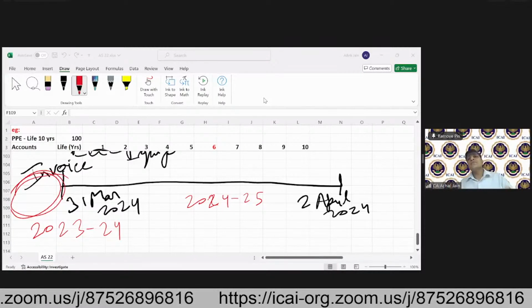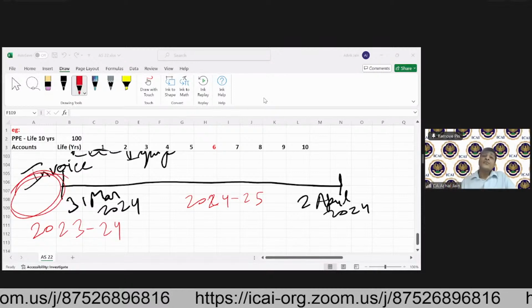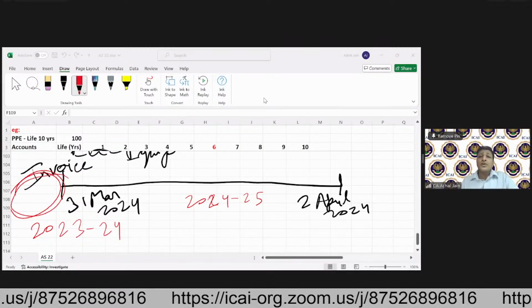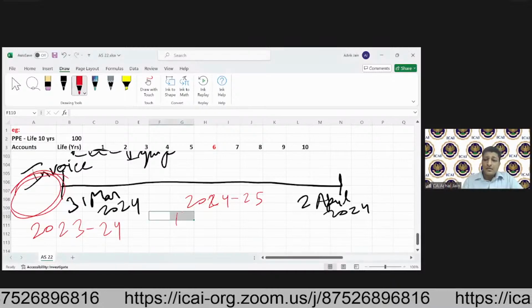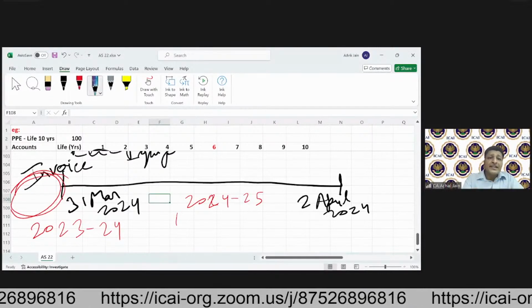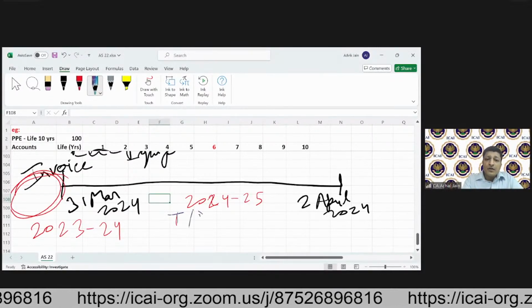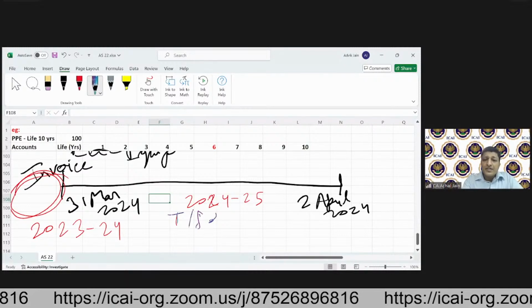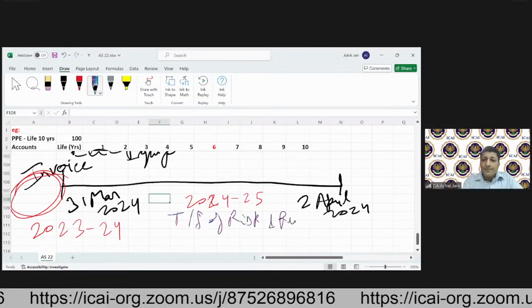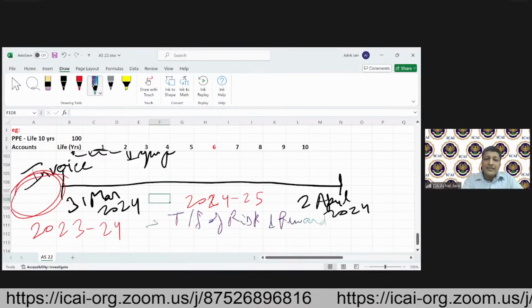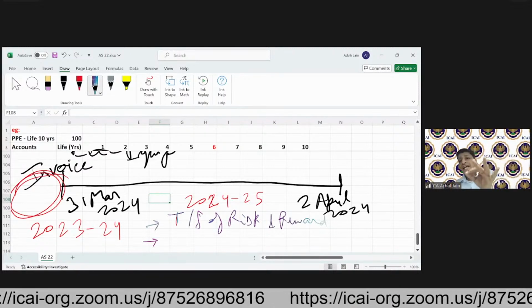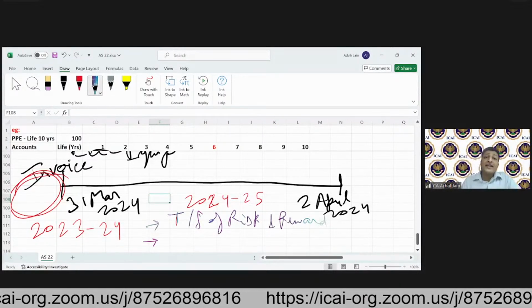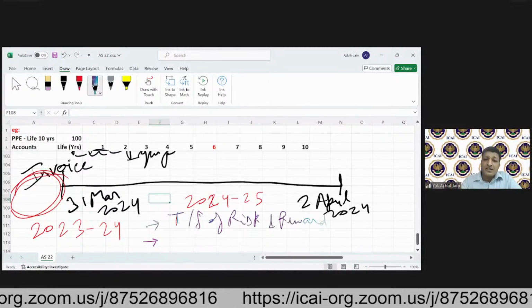No. So what did we discuss? We discussed a couple of criteria. The first and most important one is transfer of risk and reward. The other one was that there should be no uncertainty as regards the collection. So in which year should this revenue be recognized?